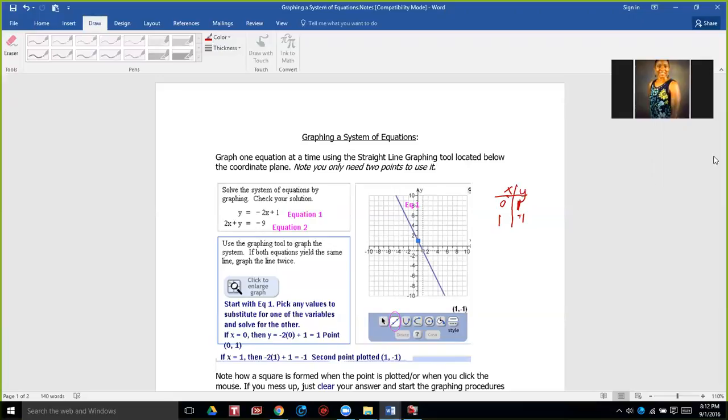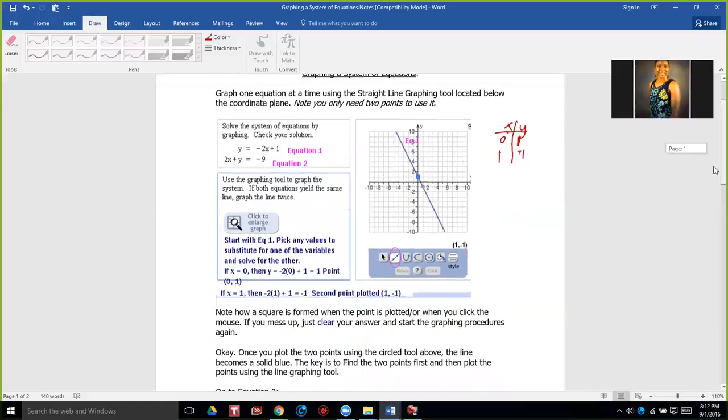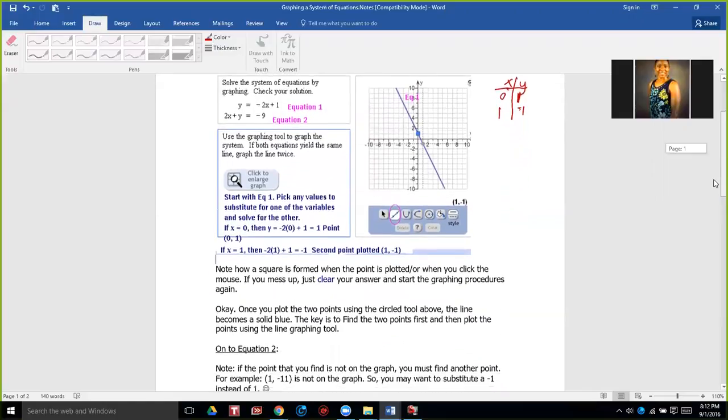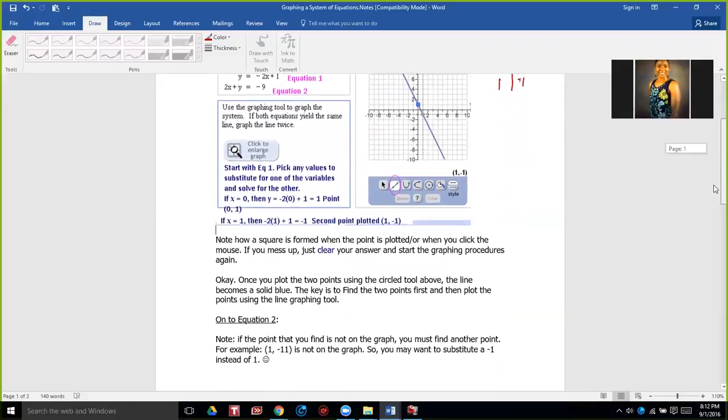So now we need to graph line 2. Line 2 is 2x plus y equals negative 9. If the point that you find is not on the graph, you must find another point.